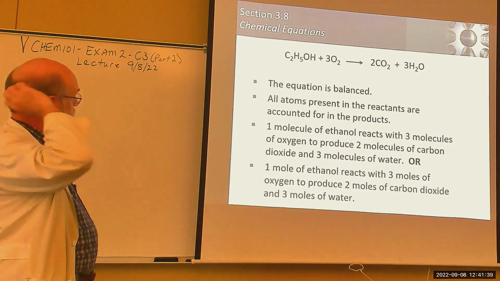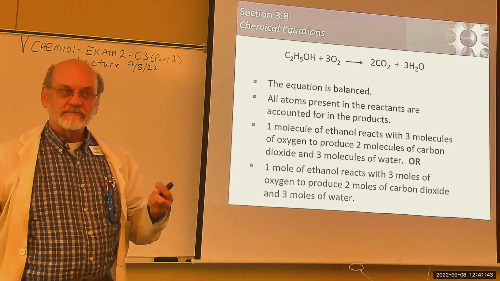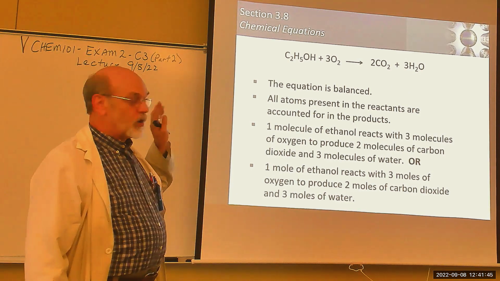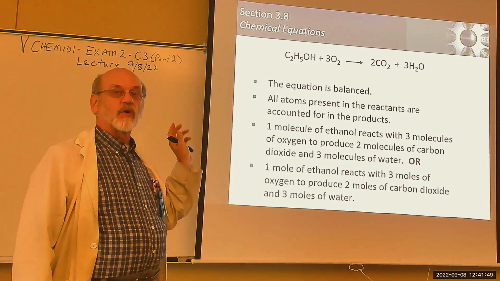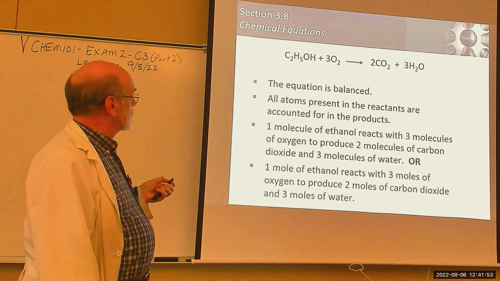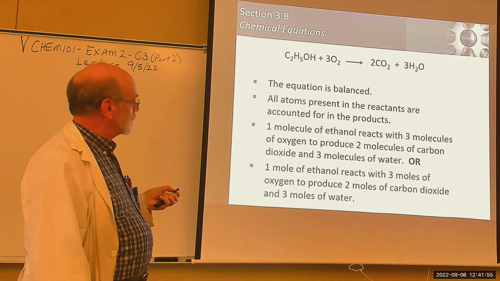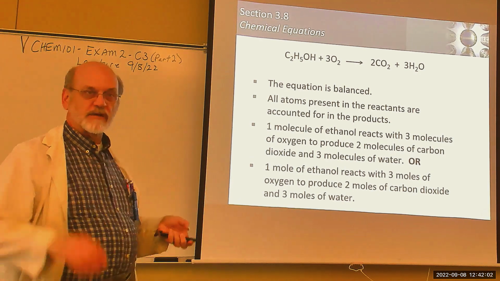So in this case, this equation is balanced. What we mean by that is all of the atoms on the left-hand side show up on the right-hand side. So if you count the number of atoms, say 2 carbons, then you need 2 carbons over here. And this is called a coefficient. It's a multiplier.